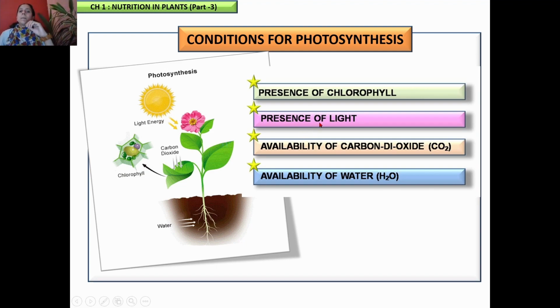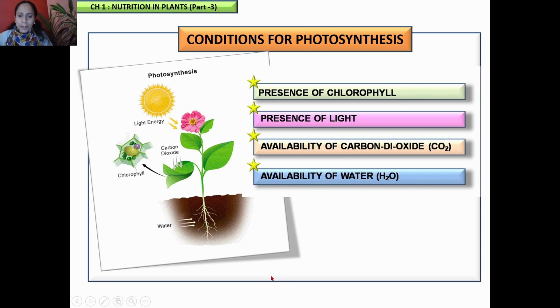If we keep our plants in some dark area, then also gradually our plant will die. And if there is no chlorophyll, then there is no question of photosynthesis. So my viewers, please remember, four conditions are necessary for photosynthesis, and these are chlorophyll, light, carbon dioxide, and water.